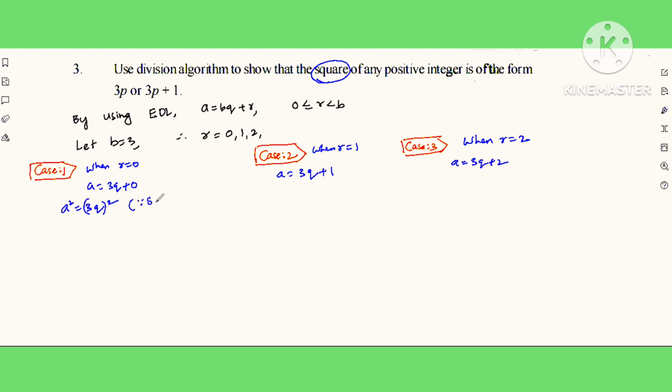You can write the full form, squaring on both sides. Okay. So here also a square equal to 3q plus 1 whole square. Here also a square equal to 3q plus 2 whole square. You should write the statement, squaring on both sides.